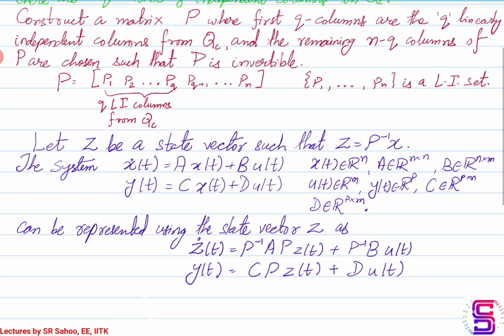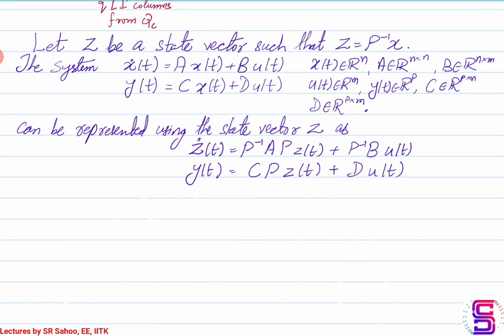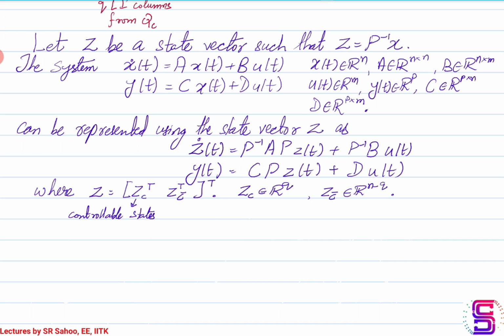Now this P inverse AP and P inverse B have a very special structure associated with them. But before we go there, the Z is going to have this structure: ZC will be in R^q and ZC bar will be in R^(n minus q), where ZC is the controllable states and ZC bar is the uncontrollable states.